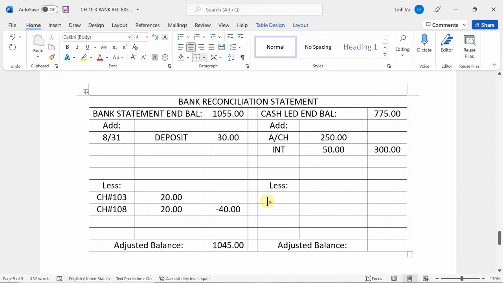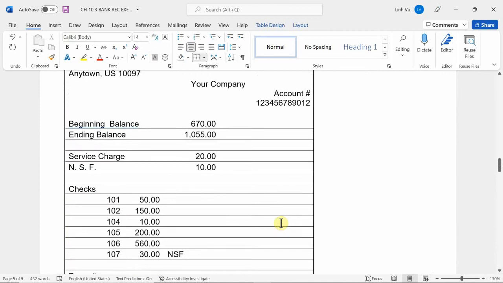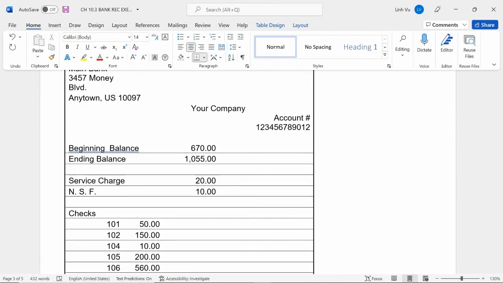Then we have to see how many fees the bank has charged me. So let's take a look. The bank has charged you 2 fees, one for service and one for NSF, non-sufficient funds. I got charged $20 for services, because you use the bank to collect money for you, to process checks for you, to buy checks for you, et cetera. You have to pay a bank service charge.